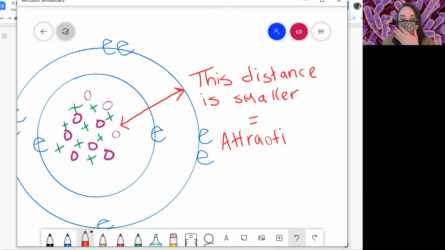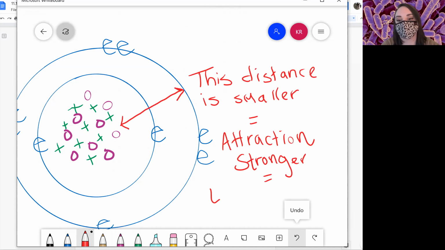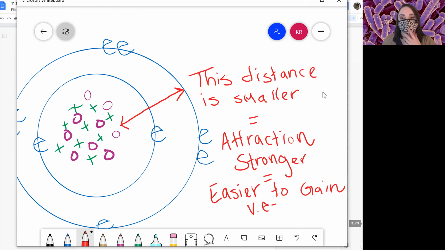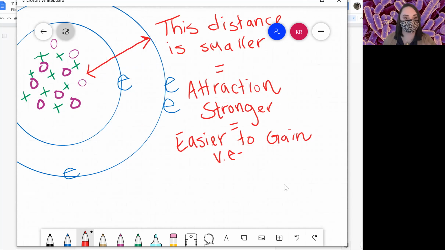This is attraction. The attraction is stronger, then it's easier to gain valence electrons. And if it's easier to gain valence electrons for this group, because that's what they're trying to do, gain valence electrons, that makes them more reactive.